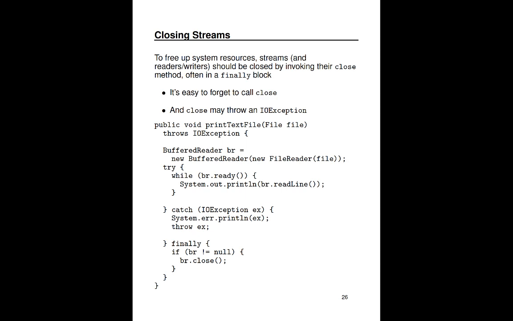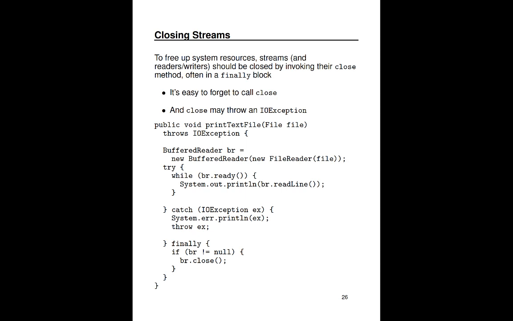So here is a method called printTextFile, which uses some very common patterns for cleaning up I/O objects once you're done with them. The first thing that it does is create a buffered reader around a new file reader for the file that you want to print, and then iterate over each line of the buffered reader and print it out.